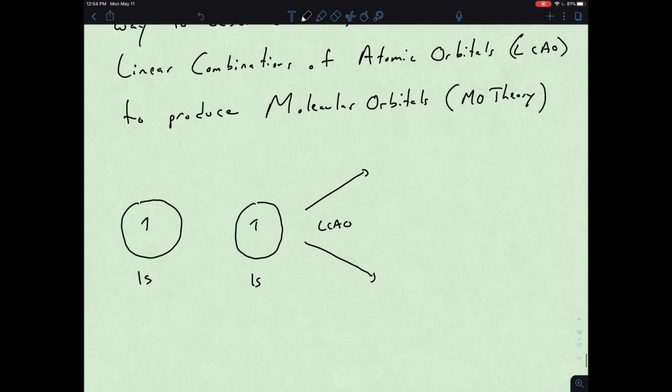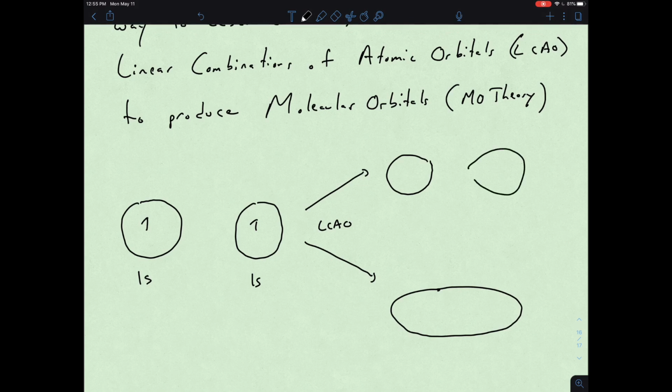And so if we were to consider each one, we would have two bonding systems that would develop. One that looks like this, where we have a lot of overlap in between, and then one that looks like this, where it should be more like a pearl shape.